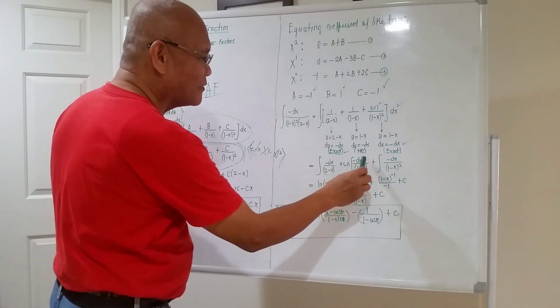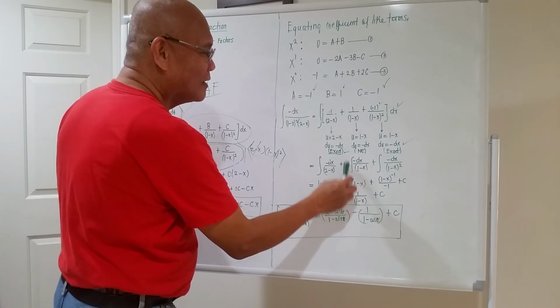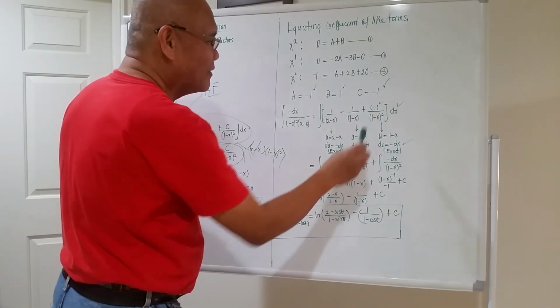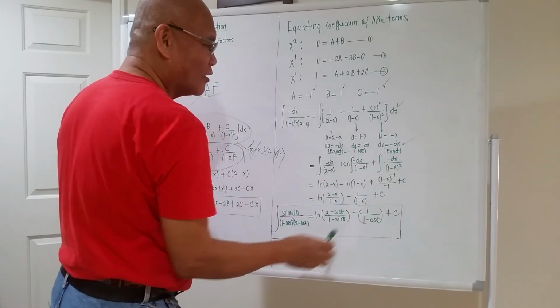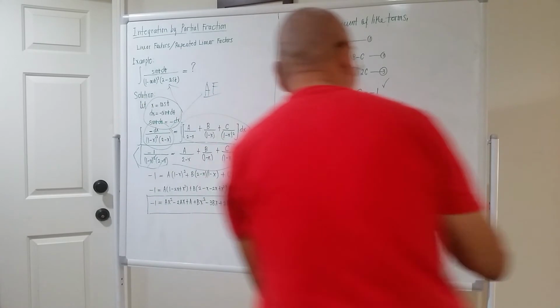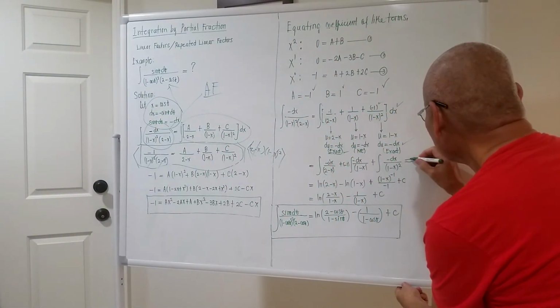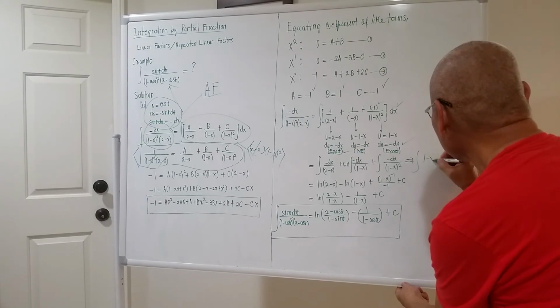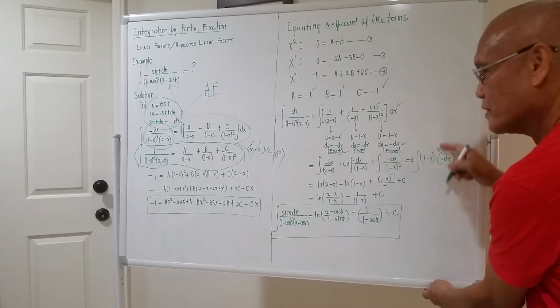So I place negative dx here and I place negative 1 outside. The last part, minus 1 times dx is minus dx. If we try to take the integral of that, this should fall under the power formula, because this can be written as the integral of 1 minus x to the minus 2 times minus dx. This now falls under the power formula.